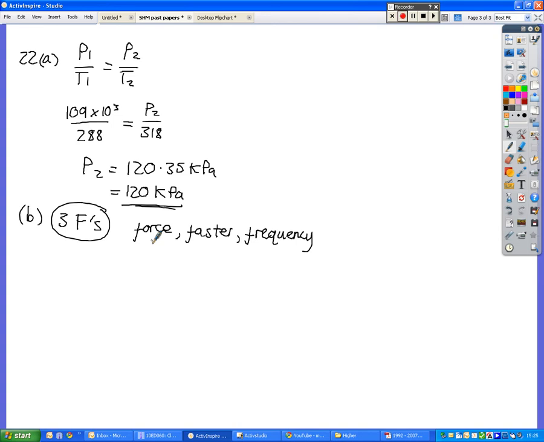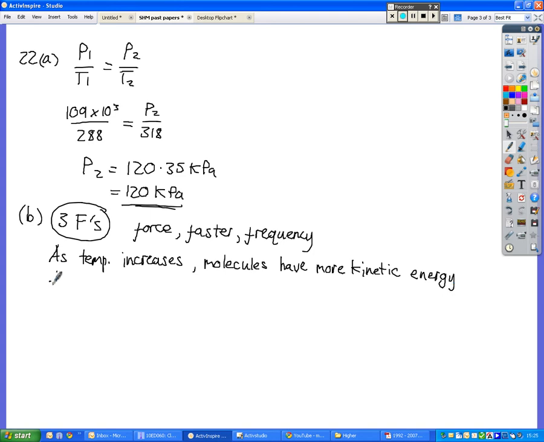So as temperature increases, that should be the kind of answer I'd be looking for you to write. As the temperature increases, molecules have more kinetic energy. So it's all about kinetic energy. As you heat something up, you provide more kinetic energy to these particles, and that changes the pressure in turn. The reason why the pressure changes is because the particles are colliding more frequently with greater force, and they are moving faster as well.